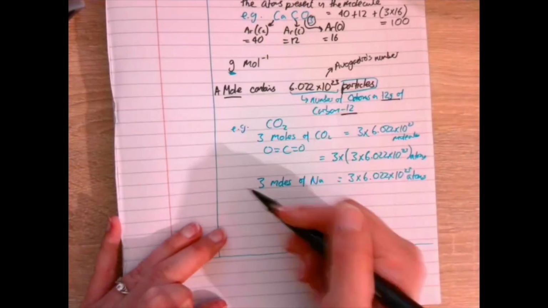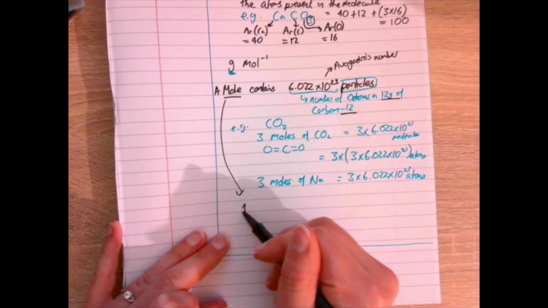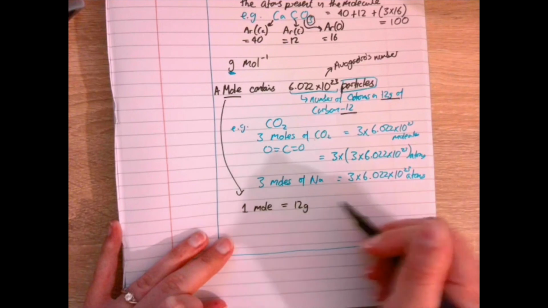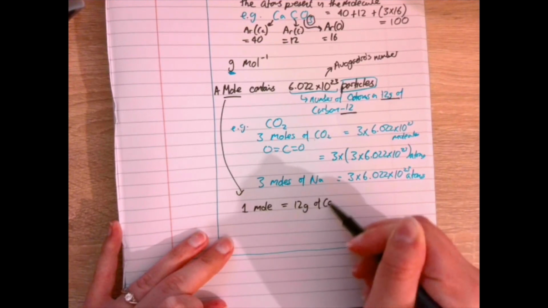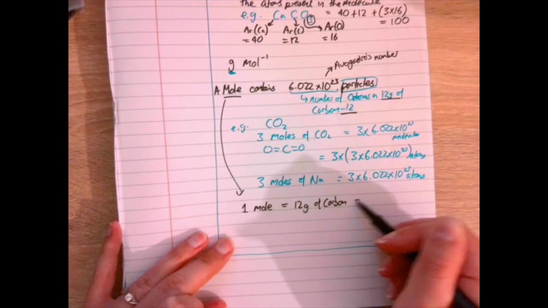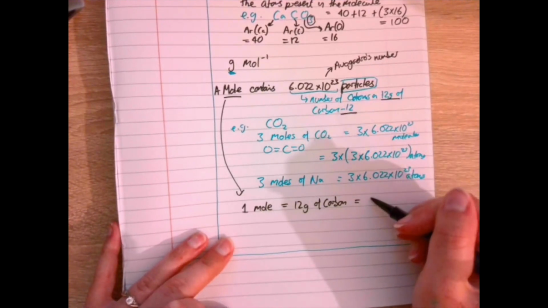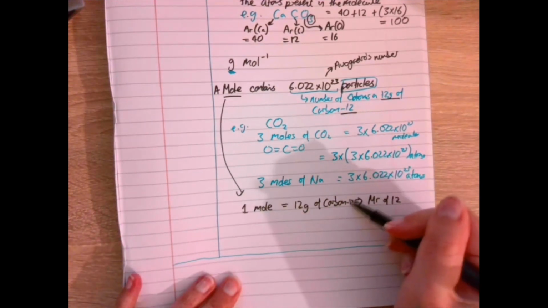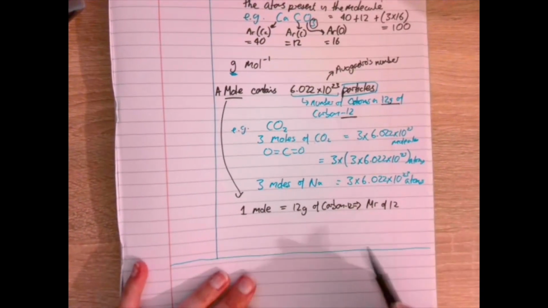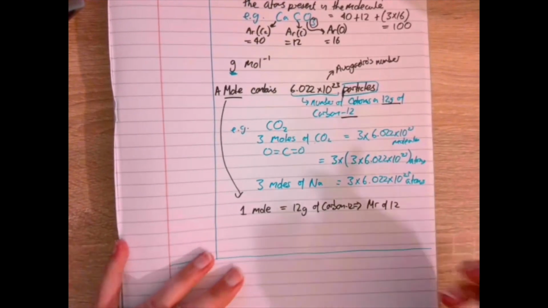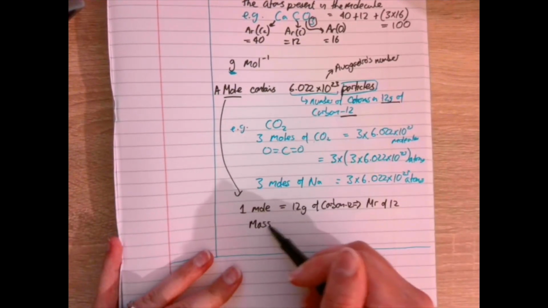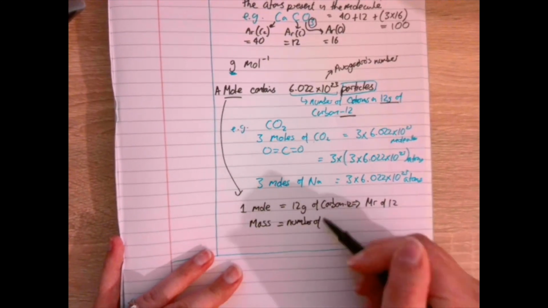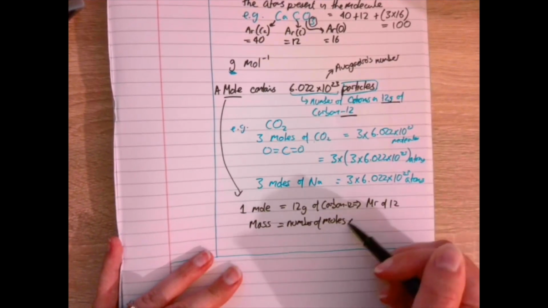Here we established that 1 mole is equal to 12 grams of carbon, which has an Mr of 12. And so what we're saying here is that our mass is equal to our number of moles times our Mr.